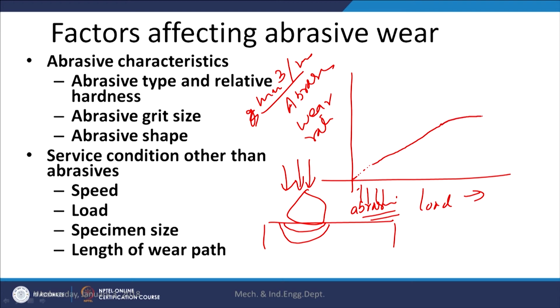Thereafter, it starts getting flattened, so there may not be much increase. So, there is a direct relationship, the wear rate is initially proportional to the load, but only up to a limit. Thereafter, a deviation in the wear rate and load relationship is observed, and the curve starts flattening.